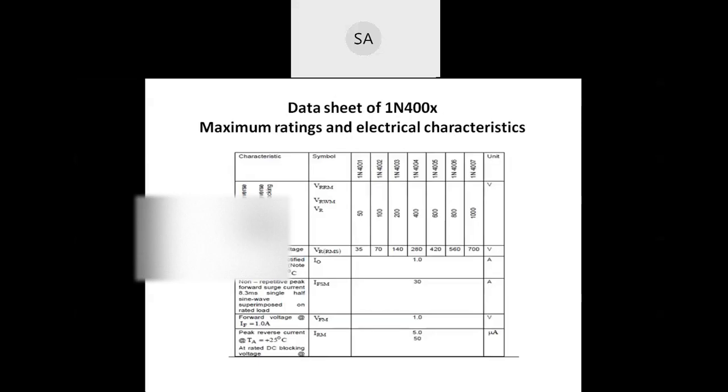So this is a data sheet of the IN400X series.